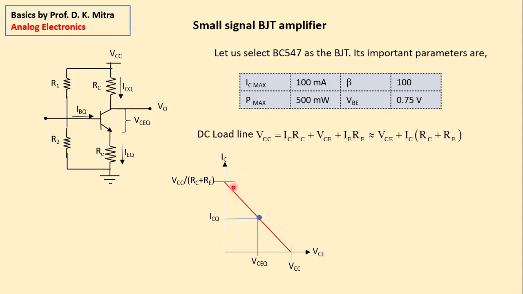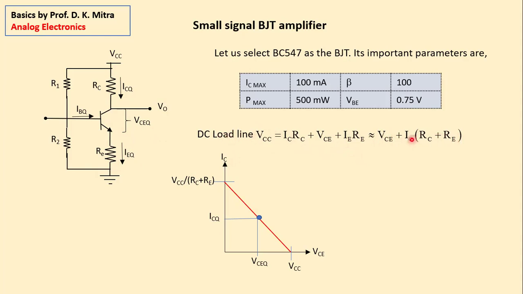Now the DC load line. What is the DC load line? This Kirchhoff's KVL equation is VCC equal to ICRC plus VC, this potential, plus IERE. Now, IE and IC, as I said, are almost the same. So it is approximately VC plus IC into RC plus RE.